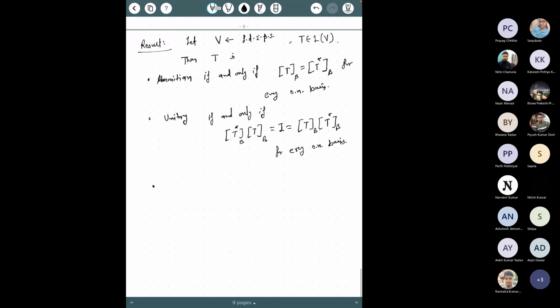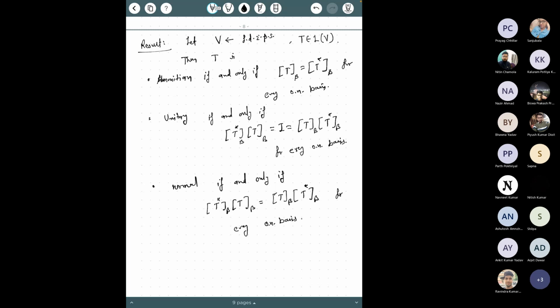Similarly, you can say that it is normal if and only if this is true, and again, this is true for every orthonormal basis of V.